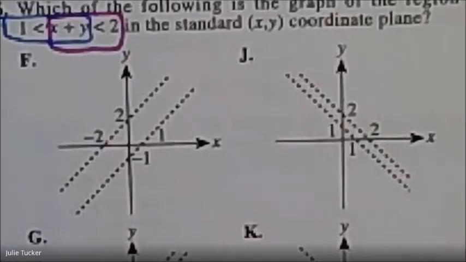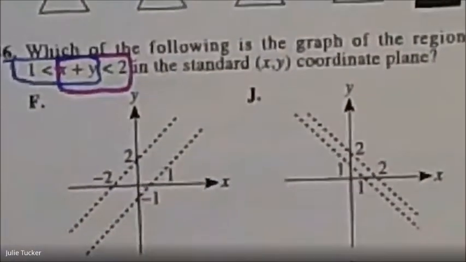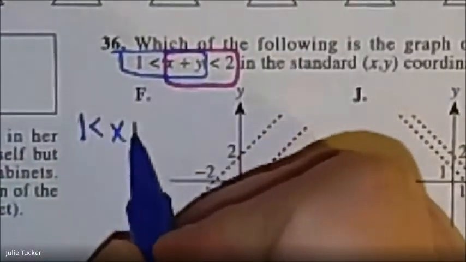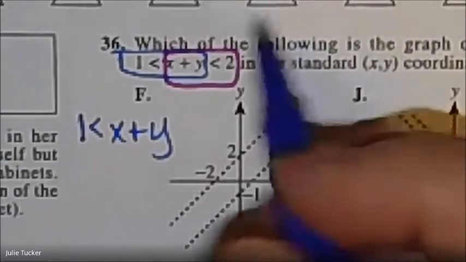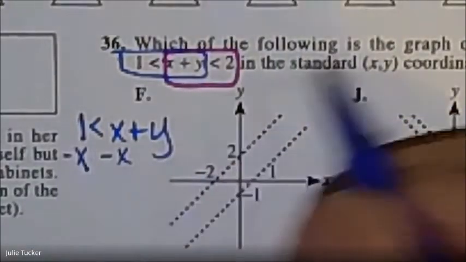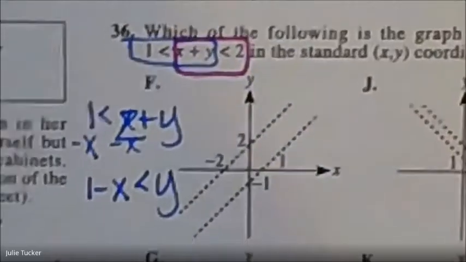Yeah. So one of them is 1 is less than x plus y. So let's do that one first. 1 is less than x plus y. And if you want to graph a line, we usually isolate the y. So then we'll go minus x. 1 minus x is less than y.